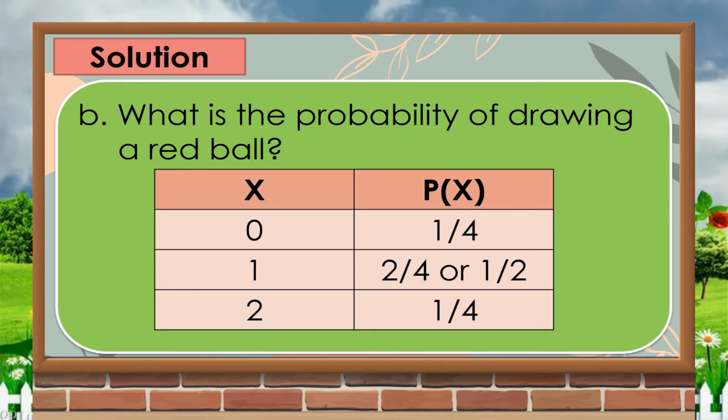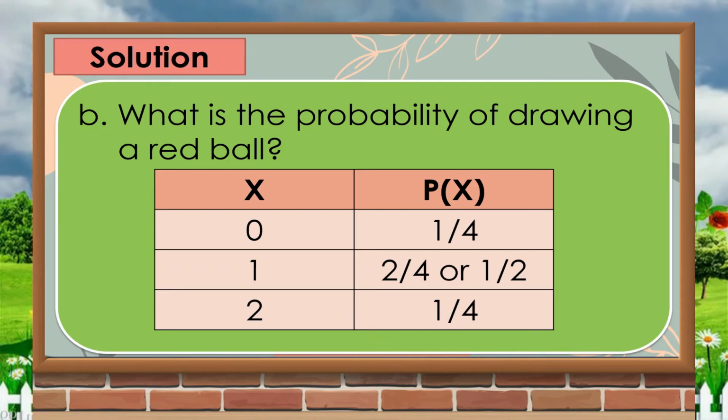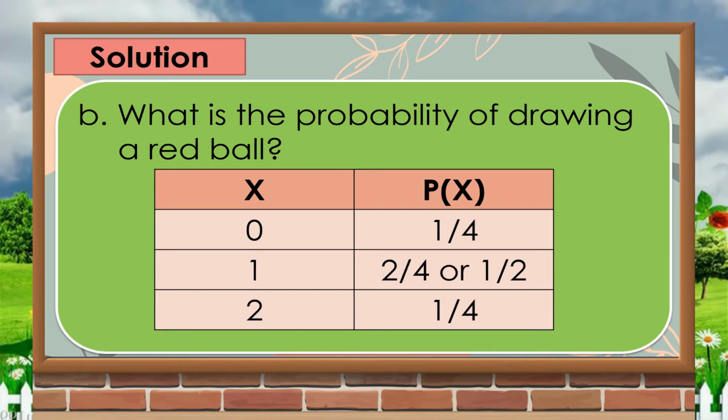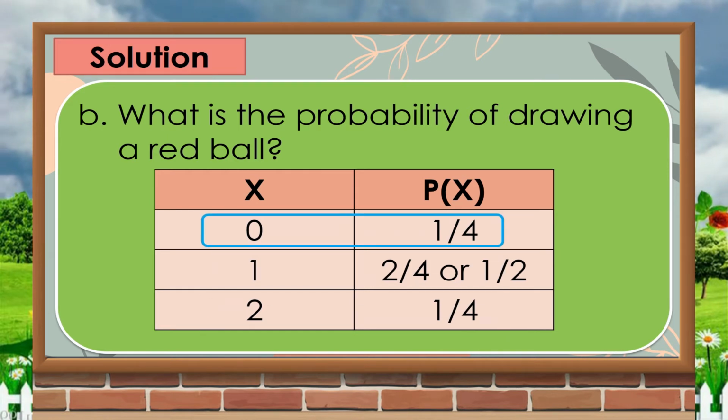The x column represents the number of red balls drawn, which is 0, 1, and 2, while the second column represents the probability of drawing red ball. If you did not draw any red ball, which represents x is equal to 0, then the probability is 1/4, which was shown when you draw a first yellow ball and a second yellow ball.